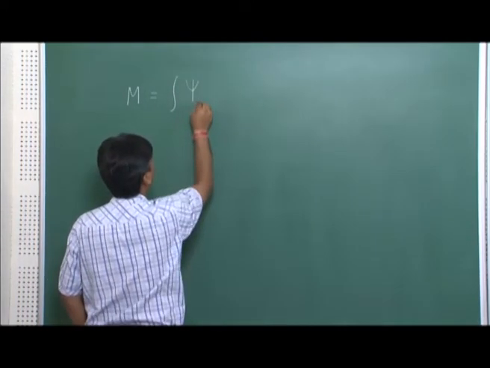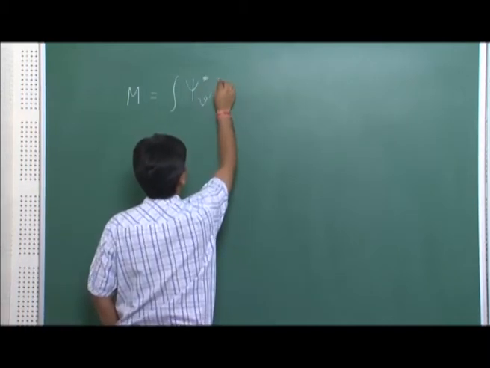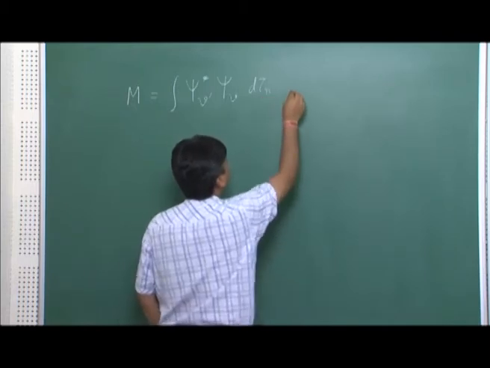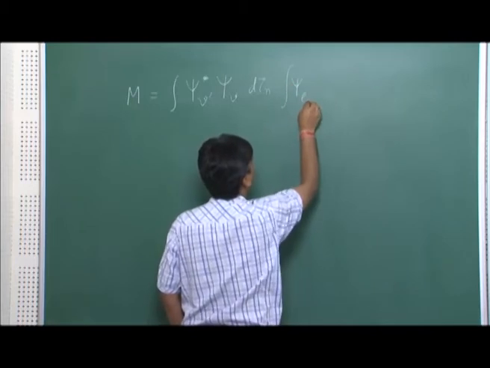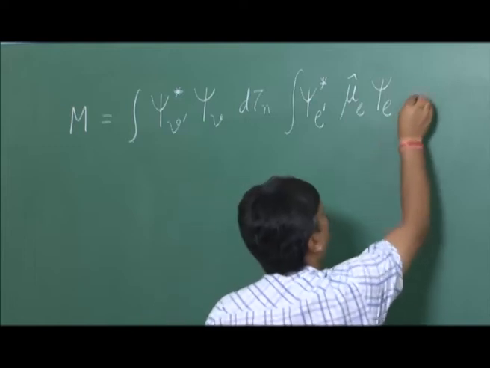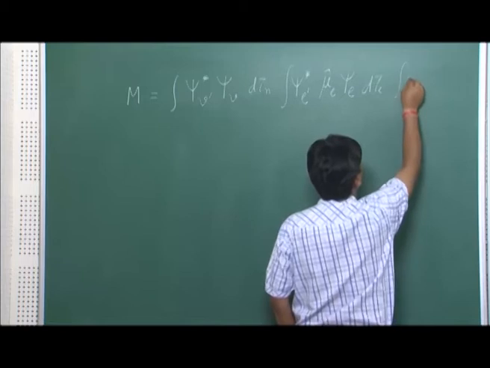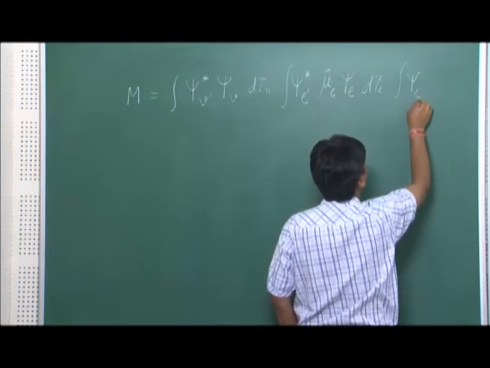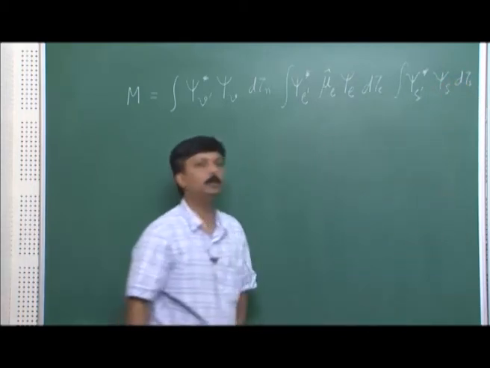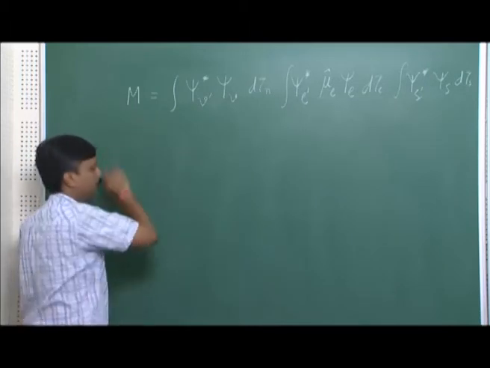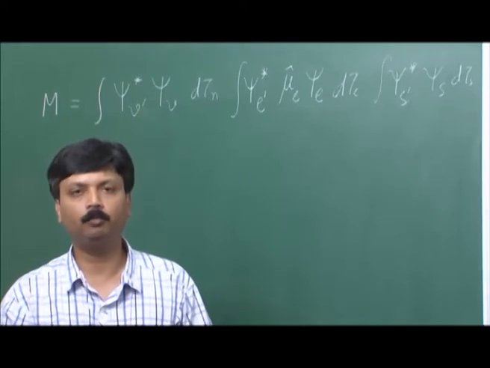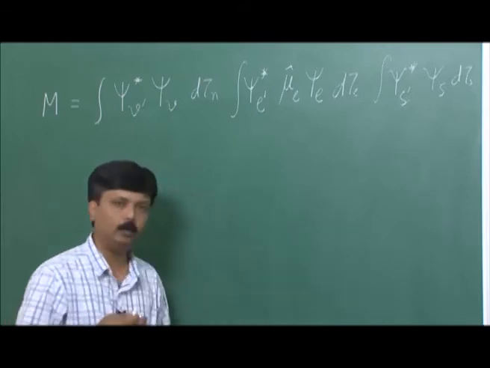So the first one we got as, multiplied by the, and, so these were the three integrals that we got ultimately for an overall electronic transition, and we came to this by using the condition of orthogonality of two electronic levels.